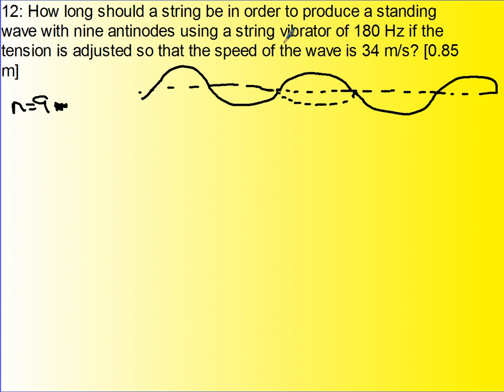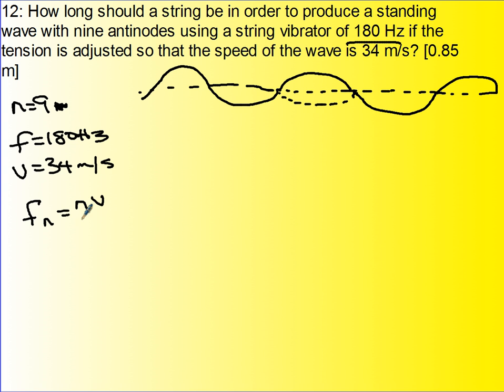Okay. Using a string vibrator of 180 hertz. So the frequency is 180 hertz. If the tension is adjusted, so the speed is 34 meters per second. And we're looking for L. Now, you remember the formula: Fn is nV over 2L.